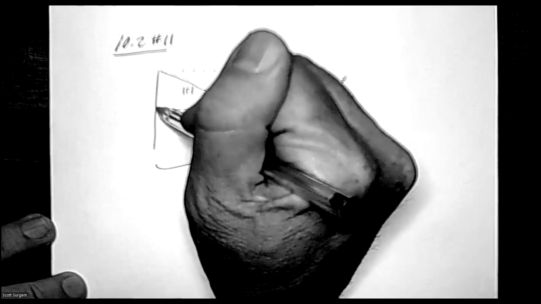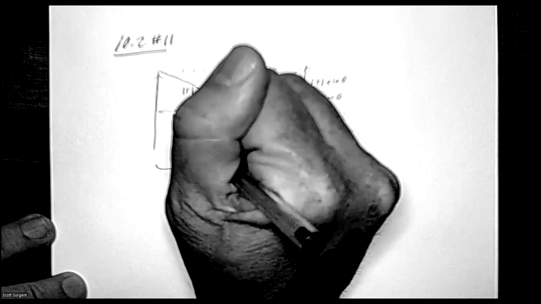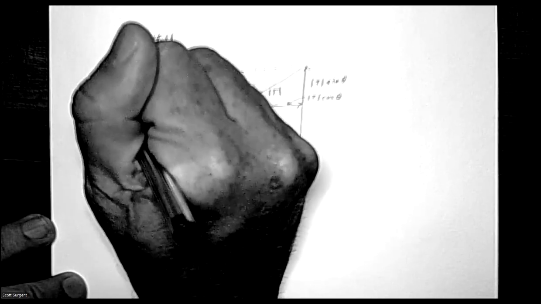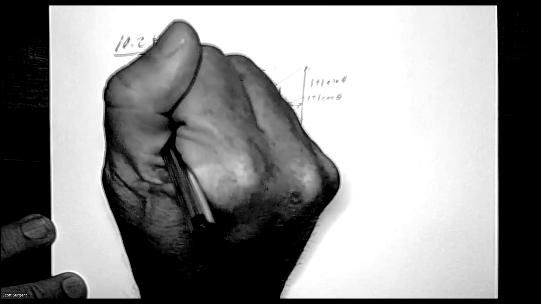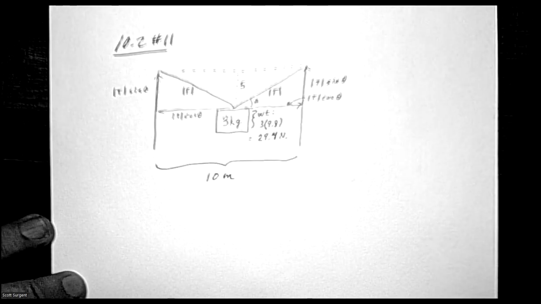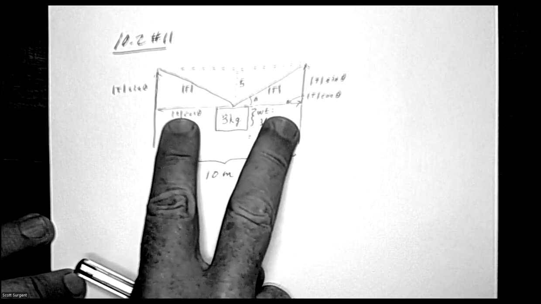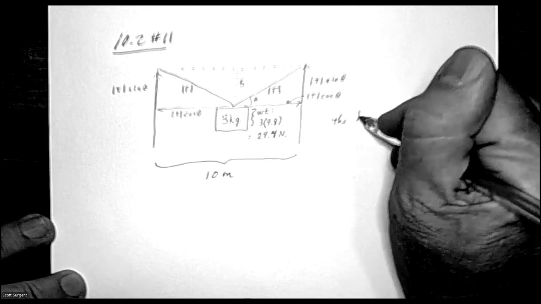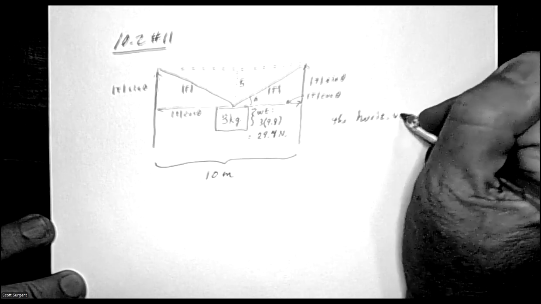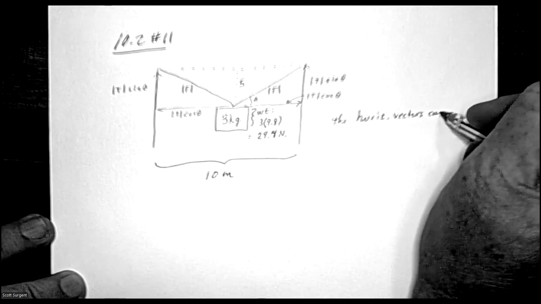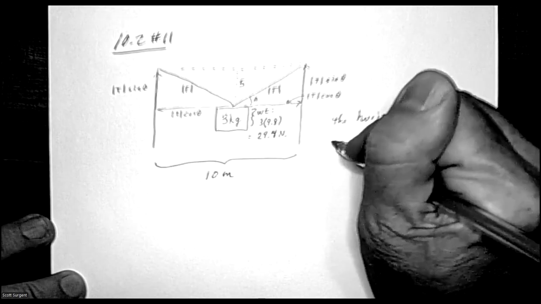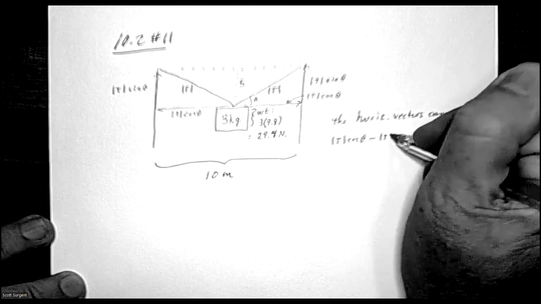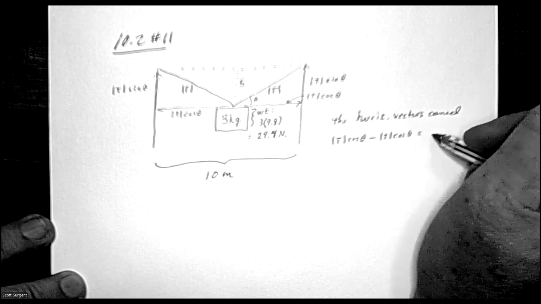You're going to get competing vectors. This will be mag t cos theta. This will be mag t sine theta. And here's the deal. You'll notice that the two horizontal vectors cancel. So I could write it: mag t cos theta minus mag t cos theta equals 0.